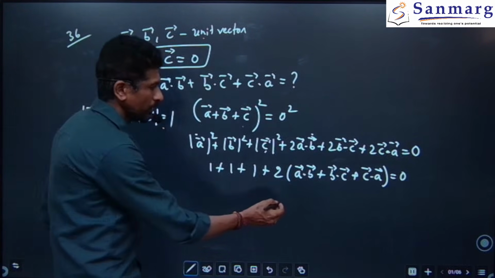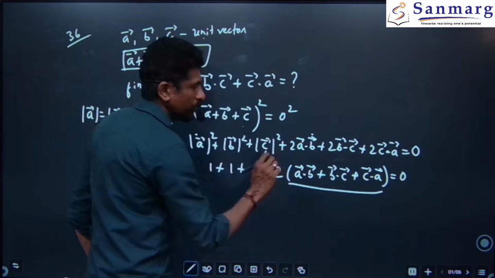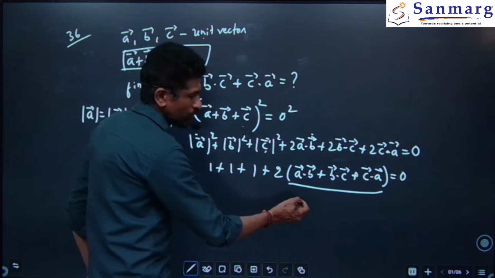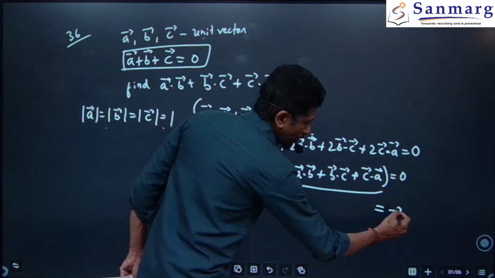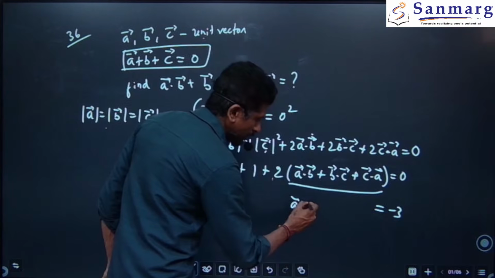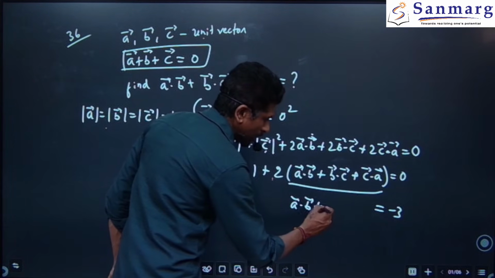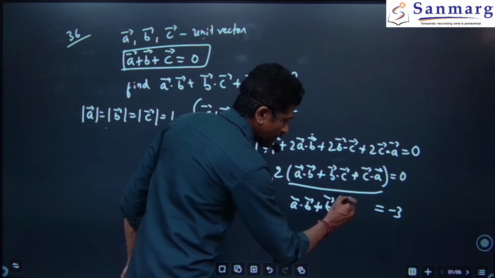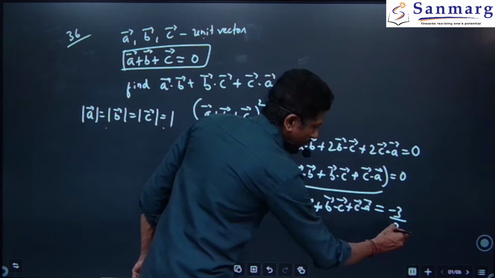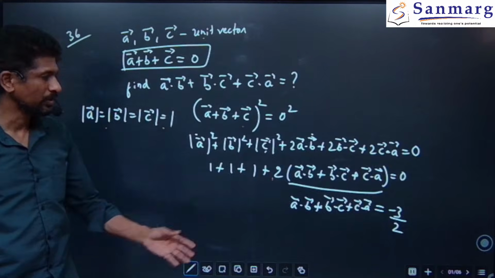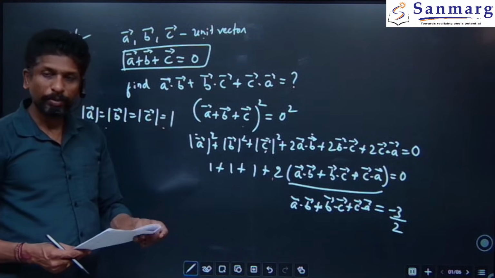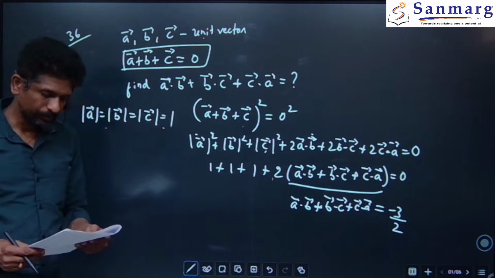So keep this in the LHS itself. The plus 1 plus 1 plus 1 goes to the RHS, meaning minus 3, and the 2 goes to the denominator. So the answer becomes minus 3 divided by 2. This way you have to find A dot B, B dot C and C dot A.